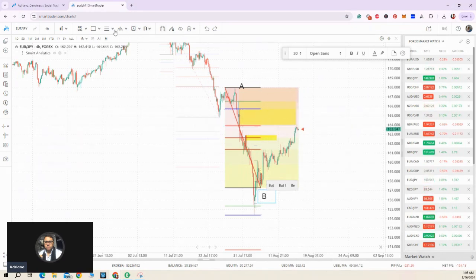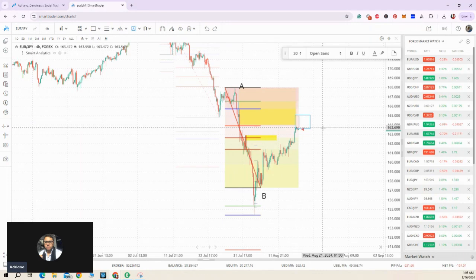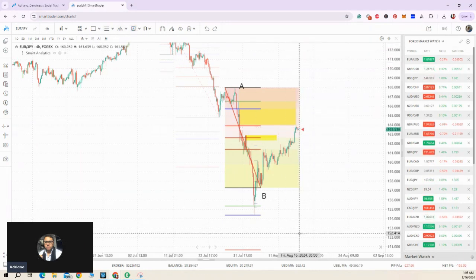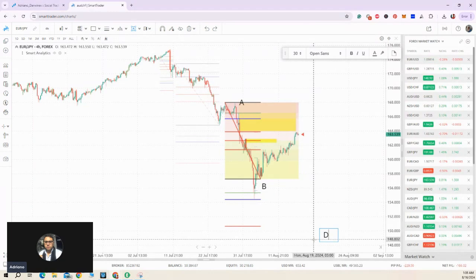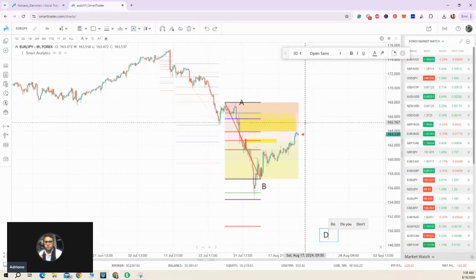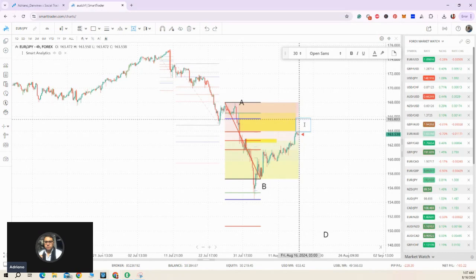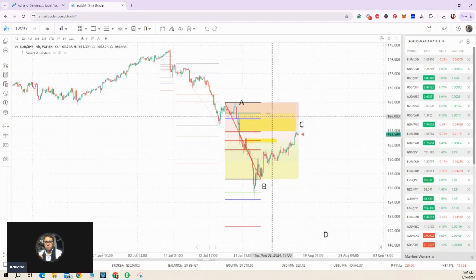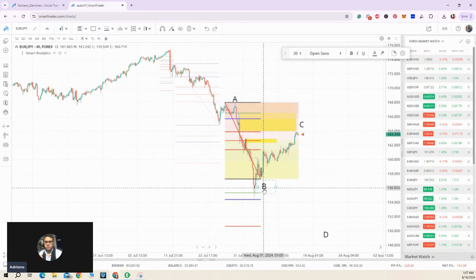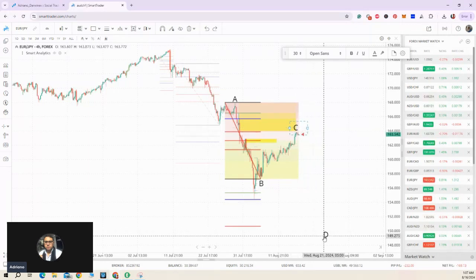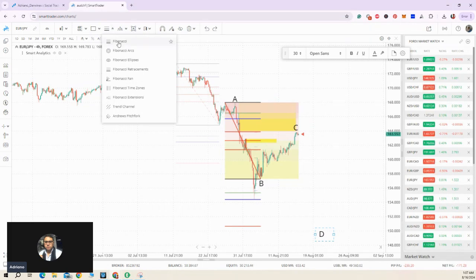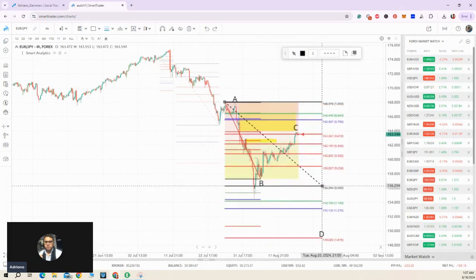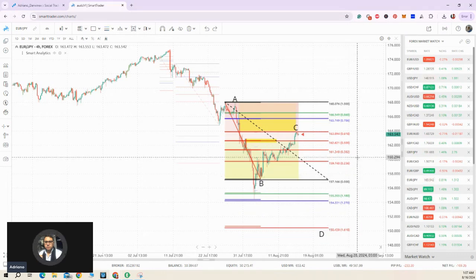So this might be the C, and then this is going to be the D. So A, B, C, D. Okay, so yeah, let's wait to see if it's going to play out.